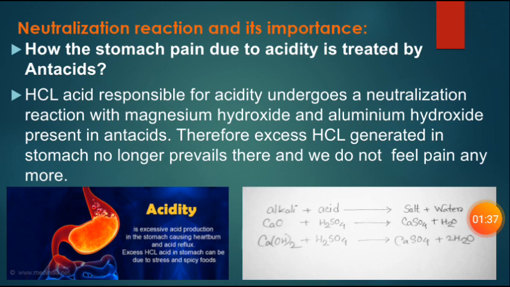Okay, there is a reaction: calcium oxide is alkali and sulfuric acid is an acid that produce salt, calcium sulfate and water. There is also a reaction that calcium hydroxide plus sulfuric acid produce calcium sulfate and water.